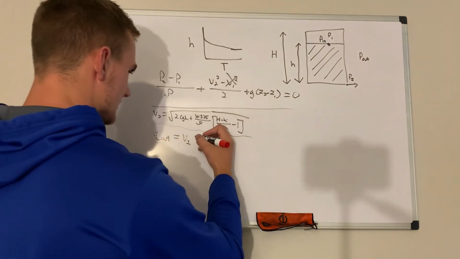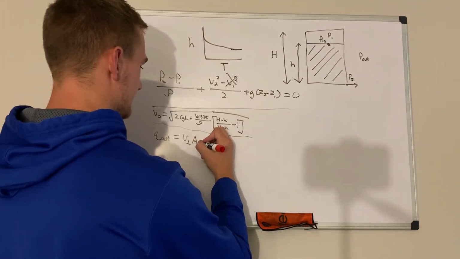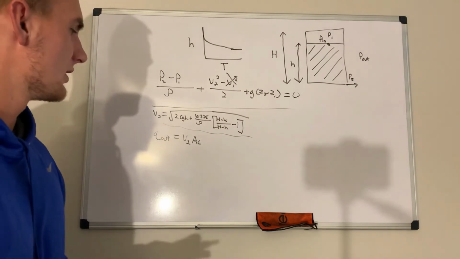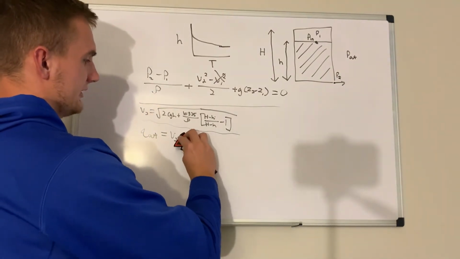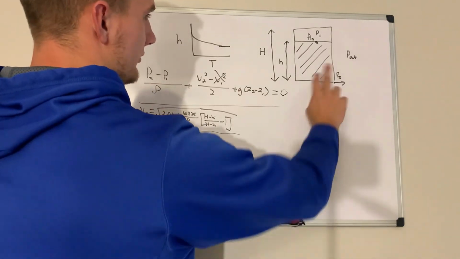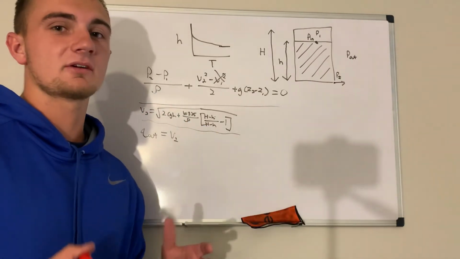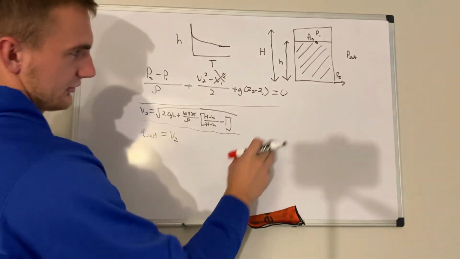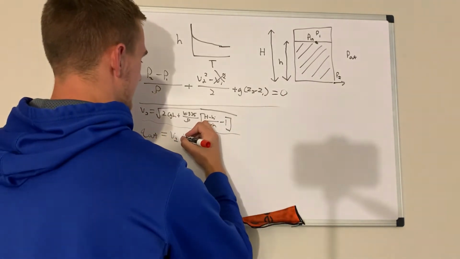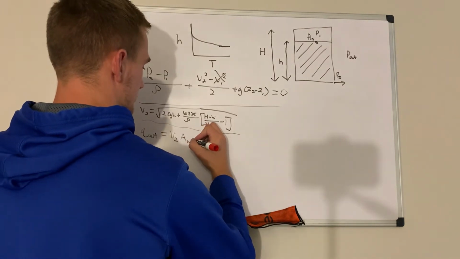So we'll have AC. Okay, all right, so I knew something wasn't right there. It's not the cross-sectional area of the tank. The flow rate going out will be the cross-sectional area of the hole. So I'm just going to denote that as A hole.